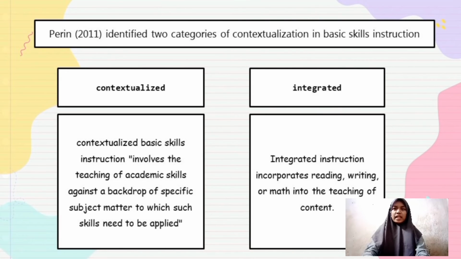Contextualized discrete skill instruction includes authentic reading and writing materials such as newspapers, train schedules, and medical brochures.